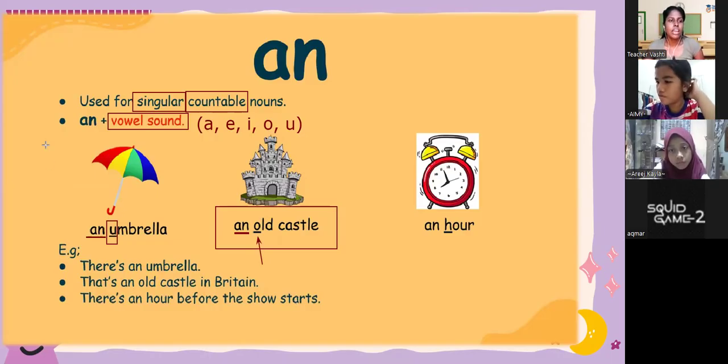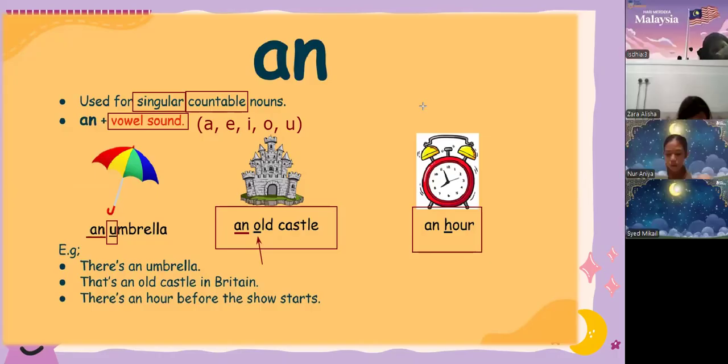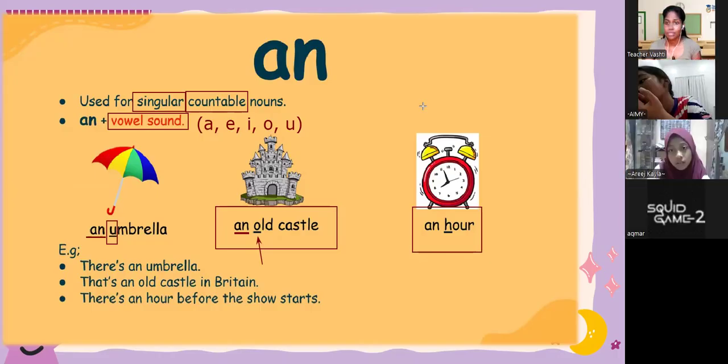How about the next one? There's an hour before the show starts. An hour. Kenapa pula teacher guna an? Sepatutnya guna a. Count ke tak boleh count ke, that's not the problem. Perbezaannya satu je.